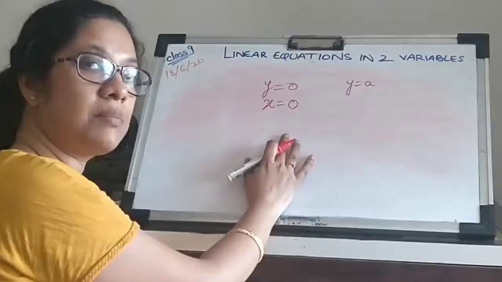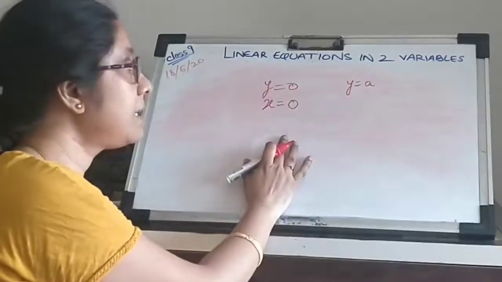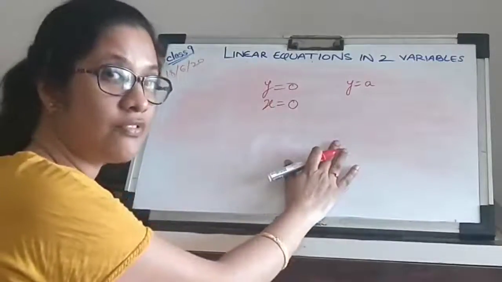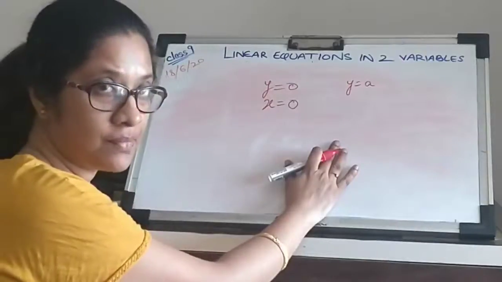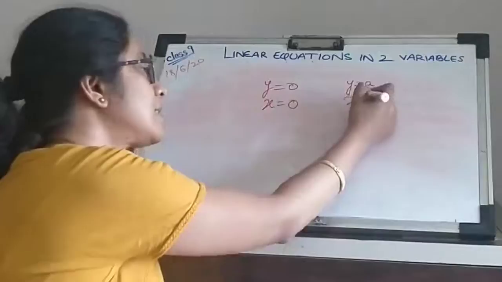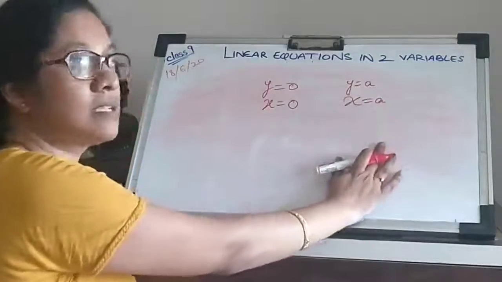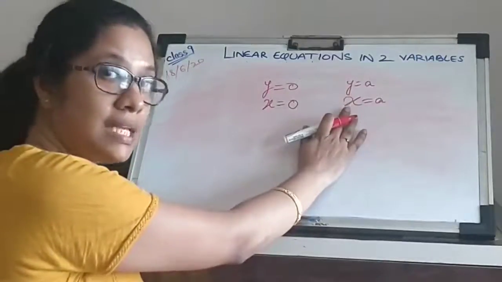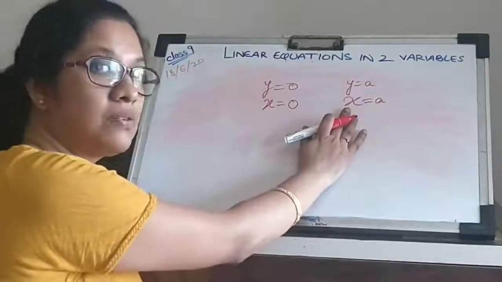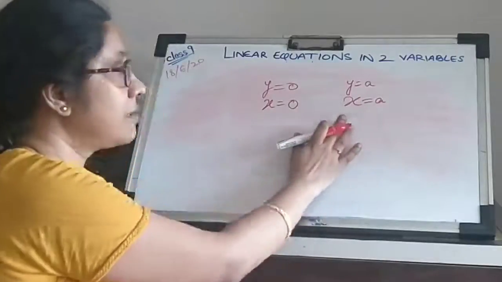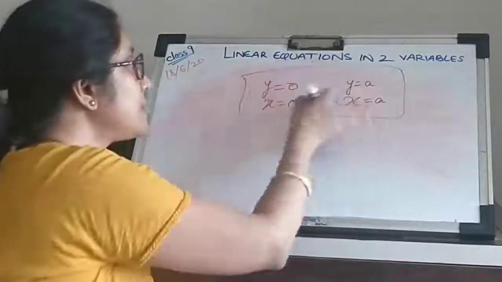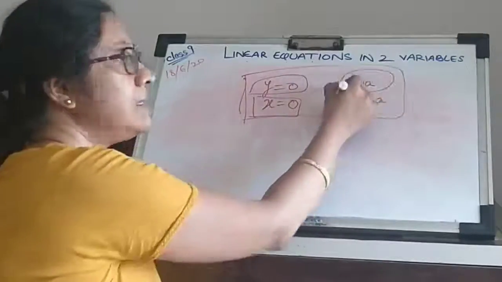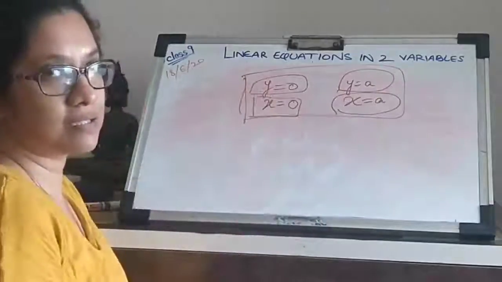The equation of a line parallel to the y-axis is x equal to a, because the abscissa will never change for any point on that line. Only the y value will keep changing. So these are the four things we must remember: x-axis, y-axis, line parallel to the x-axis, line parallel to the y-axis.